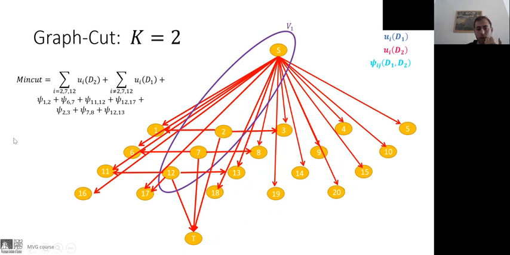And then if we look at the cut value, we see that we actually got, okay, that could be the minimal cut. We get a valid assignment that shows us to label 2, 7, and 12 with D2. These nodes use the capacity of D2, and all the other pixels are labeled with D1.